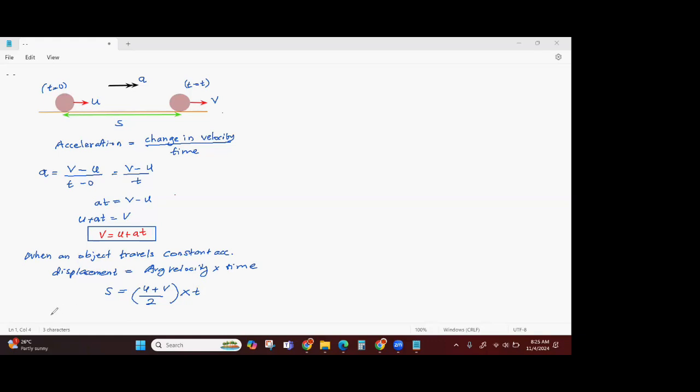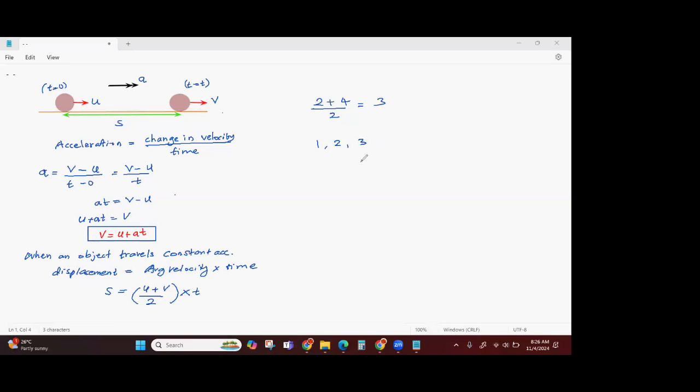Why does it become 2 again? Because the average, now suppose you have two velocities, 2 and 4, two numbers, if you want to find the average, you have to divide by 2. So then here the average is 3. And let's say you have three numbers, 1, 2, and 3.